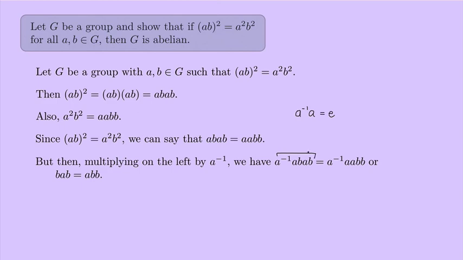So this expression right here is really saying A⁻¹ times A, that's the identity element, times B times A times B, is really just BAB.